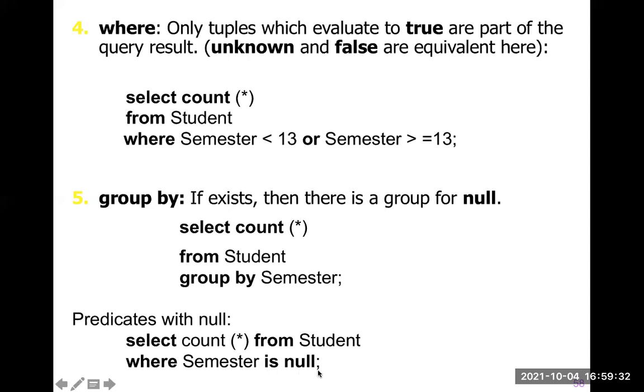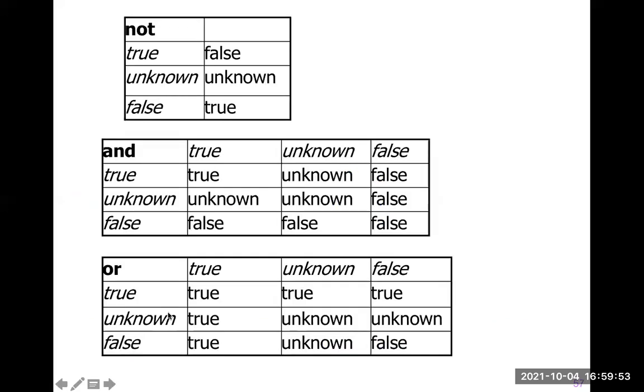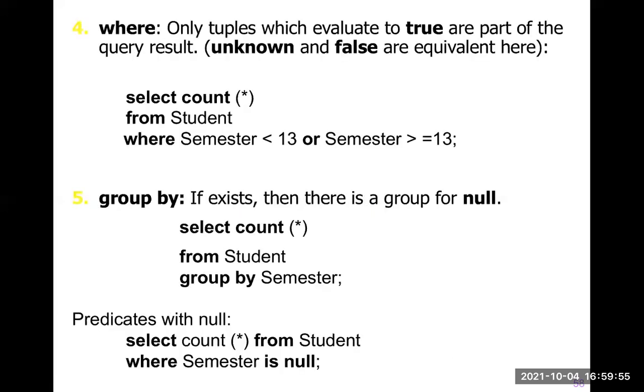And this is the main way to deal with nulls explicitly. I can't compare with null: if I try to compare something with null, the result is unknown anyway, and in WHERE that is considered false.